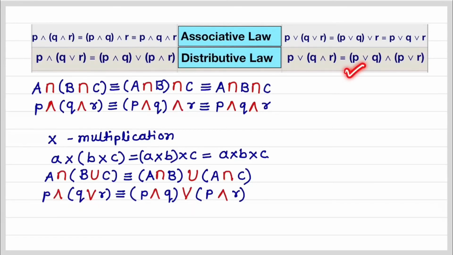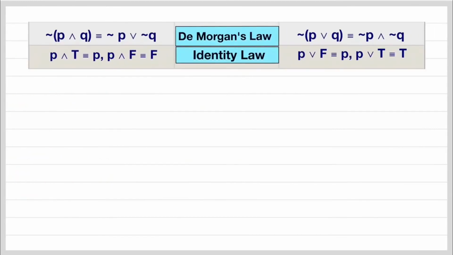Now, De Morgan's law. De Morgan's law we have studied in negation of conjunction and disjunction. Next is the identity law. For the identity law, we will take T as the universal set and F as the null set. T is equivalent to the universal set and F is equivalent to the null set.